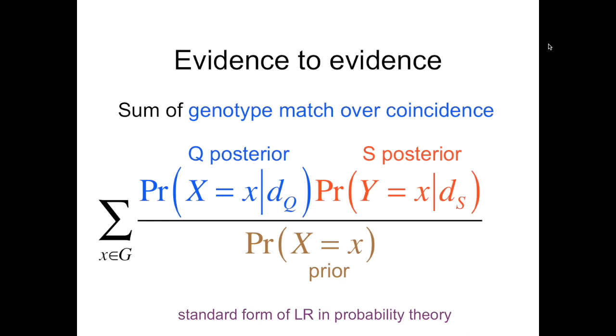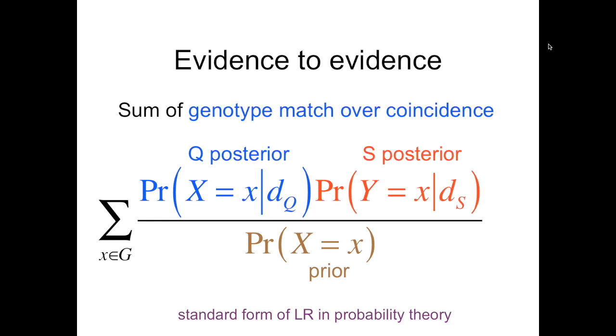Now, I'm showing this to you only because it's general. TrueAllele also does evidence-to-evidence matches. And here, suppose in red that suspect was kinship information. So we didn't know exactly what his genotype was from the data D sub S. Or maybe it's another evidence item. The point is there's uncertainty.